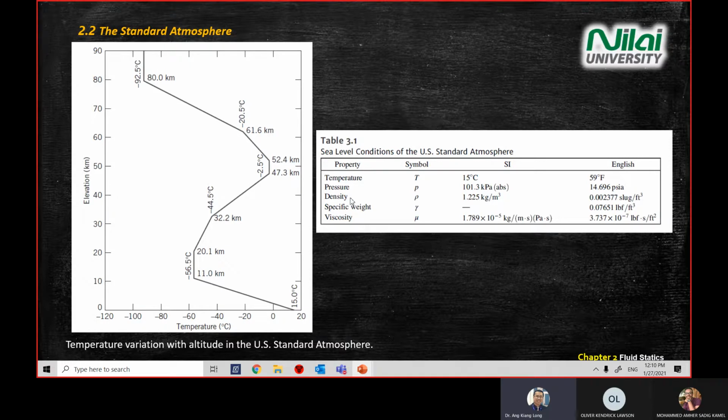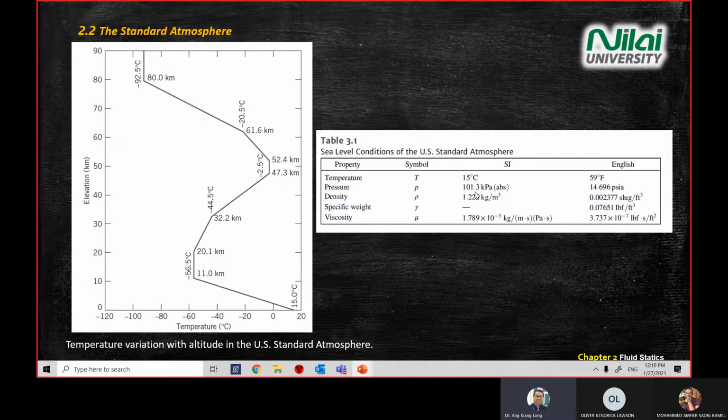When you see the phrase sea level condition in a question, either in your tutorial, test or final exam, we are referring to the values in table 3.1. If you have a sea level condition or standard atmosphere condition, the temperature is 15 degrees Celsius.